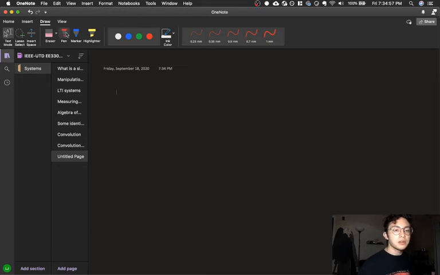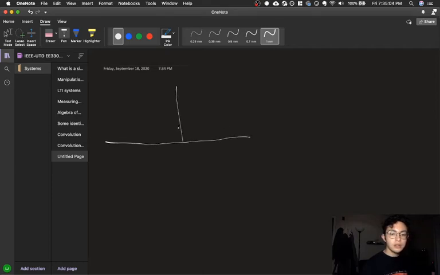So I'm going to take some signal x of t, and I'm going to be doing a convolution of what's called a truncated exponential. This is just the decaying exponential e to the negative 2t, cut off at 0, so this is multiplied by a step function. This is going to be our input.